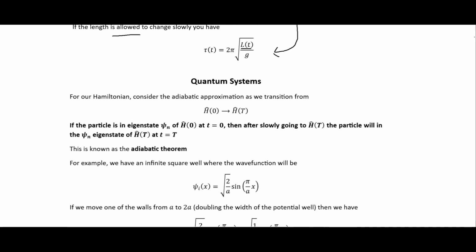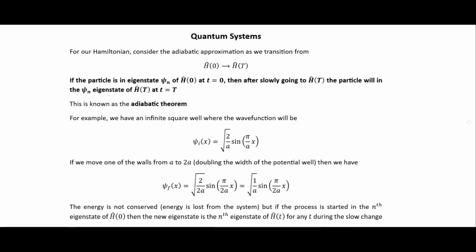But now if we start talking about this in quantum systems, we are changing our potential, and so our Hamiltonian will change. So we consider the adiabatic approximation when we transition from this Hamiltonian at time 0 to this Hamiltonian at time uppercase T.